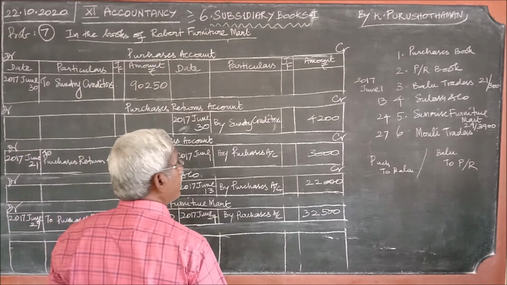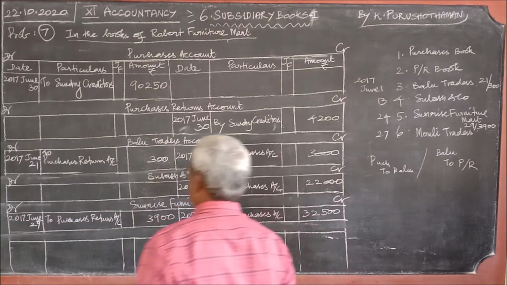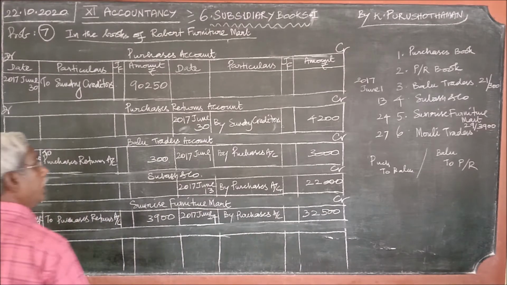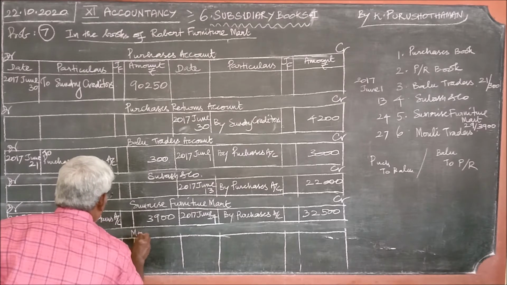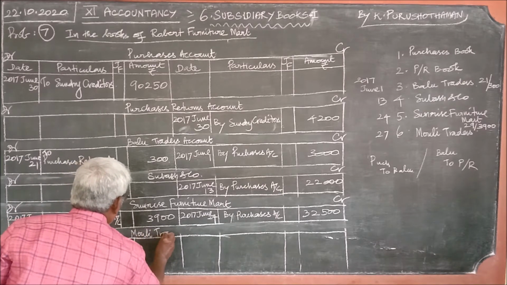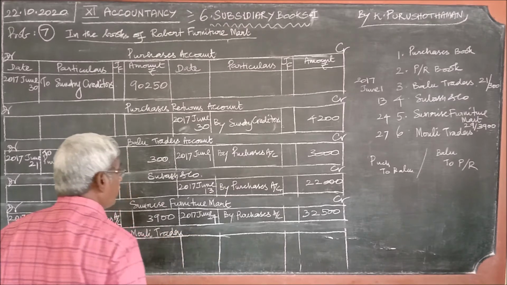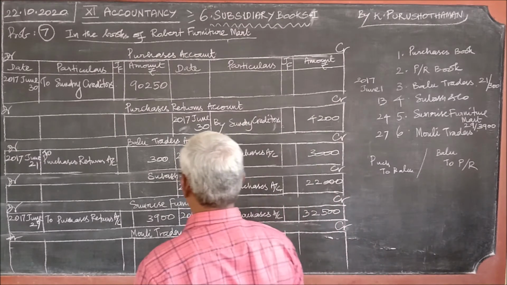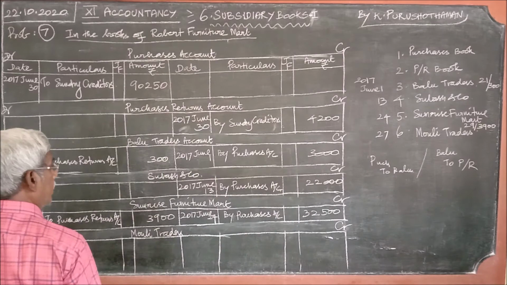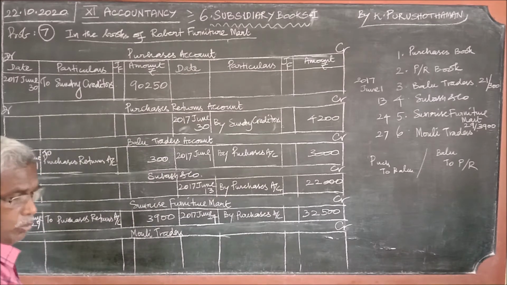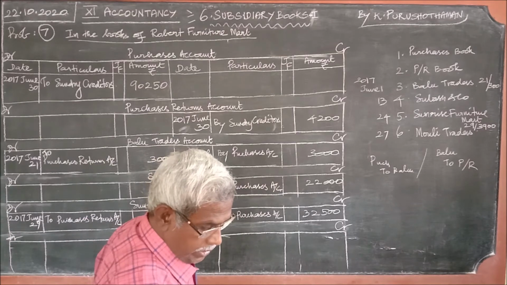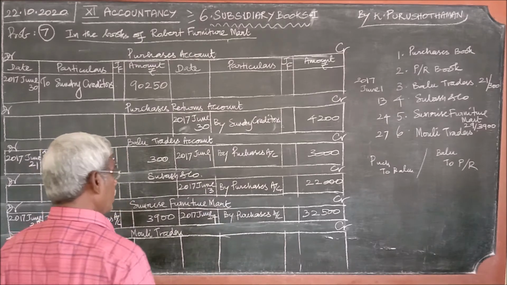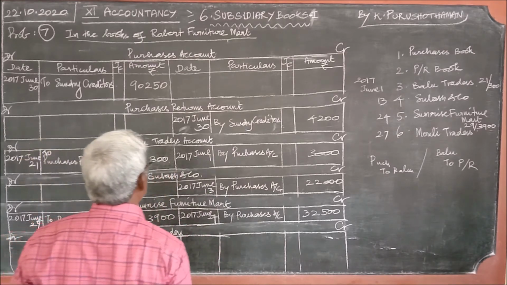Mauli Traders, creditor. For Mauli Traders there was a purchase on the 27th of 32,750.